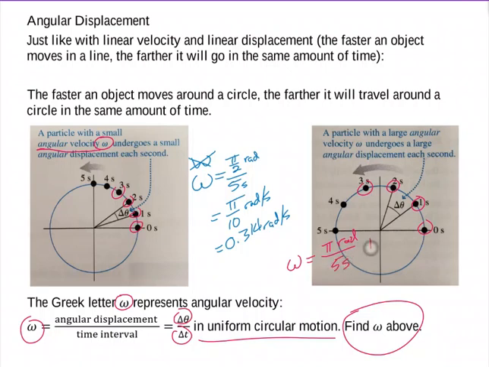So this would be pi over 5 radians per second, which as a decimal would be what? Basically, we're going twice as fast. 0.628 radians per second. Okay? So that's the idea. That's how you would calculate omega, the angular velocity.